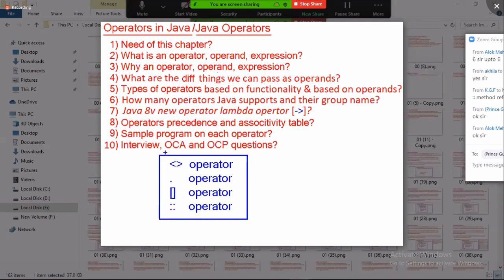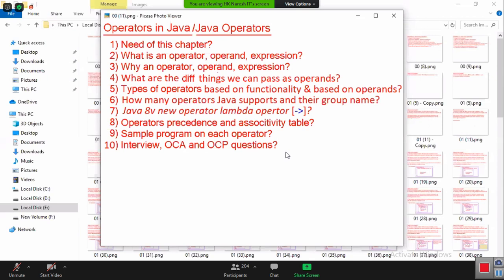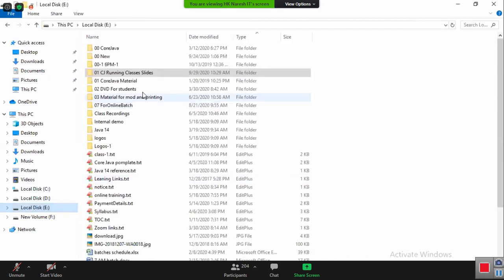Everyone understand? These come under separators. So people are calling them operators, but I don't call them operators. I'll show you the documents so that you will believe me.